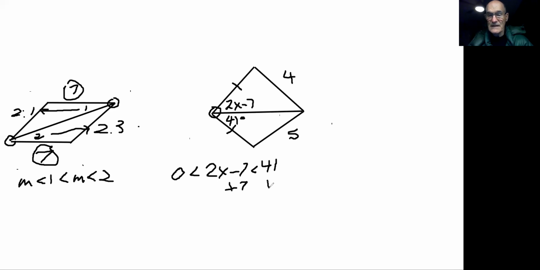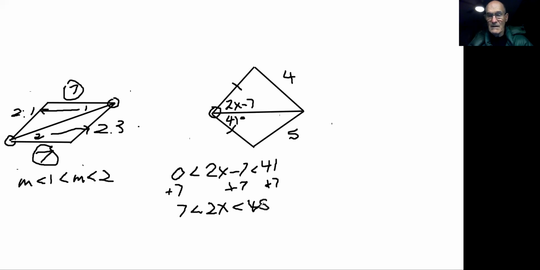It's what's called an extended inequality. So we add 7 to all 3 parts. So we get 7 is less than 2x, which is less than 48.